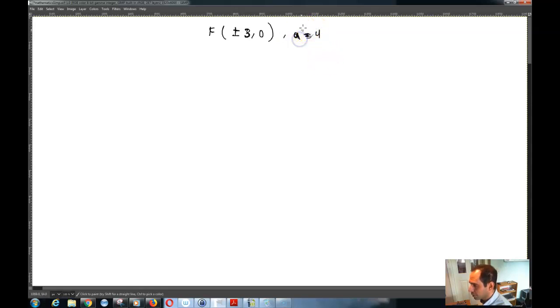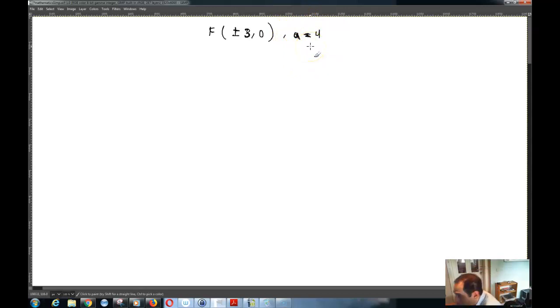Basically you know that your a is the distance from the center to the edge of the ellipse, meaning it's half of the length of the major axis.